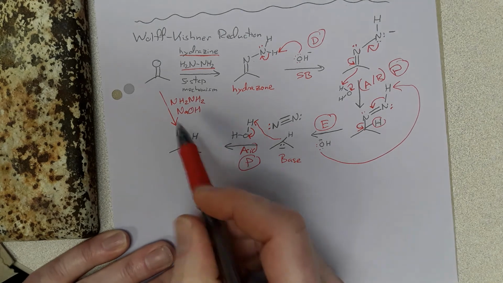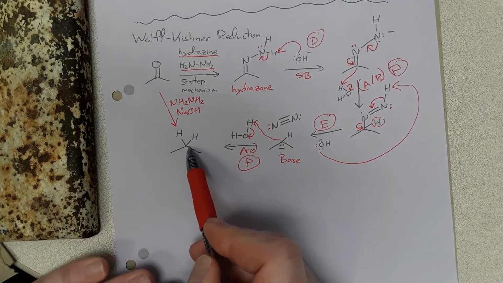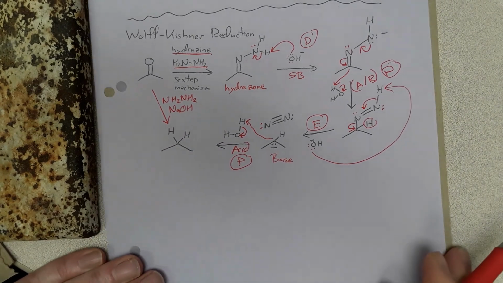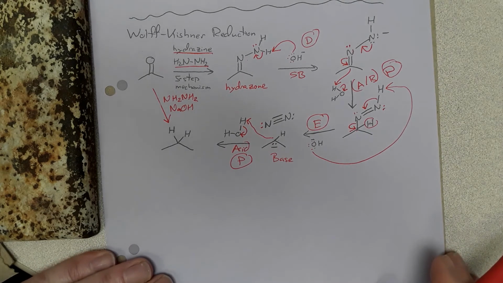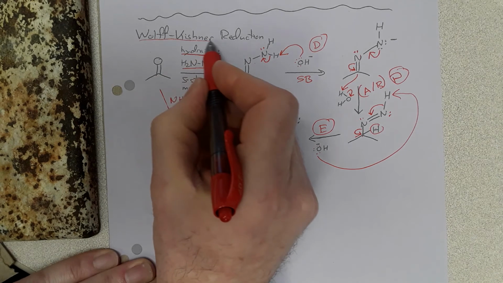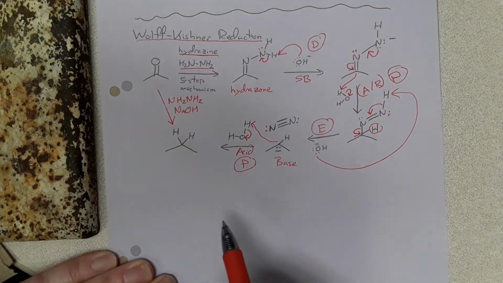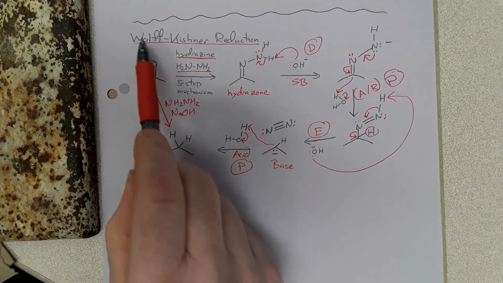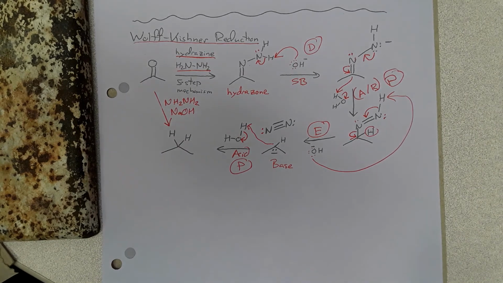You dump those two in together and heat it up, and there you go. Voila. Wolff-Kishner Reduction. And as you might suspect, these are the last names of the guys that discovered this reaction.